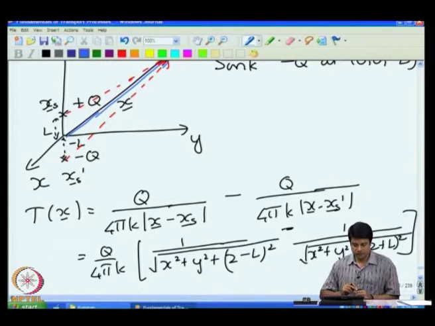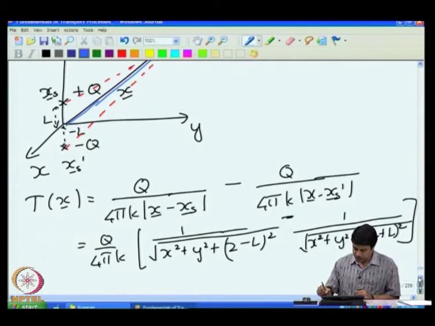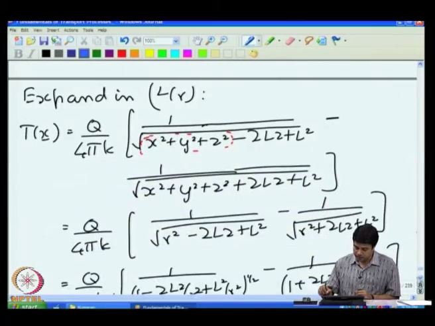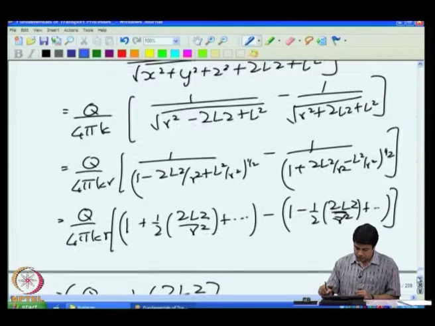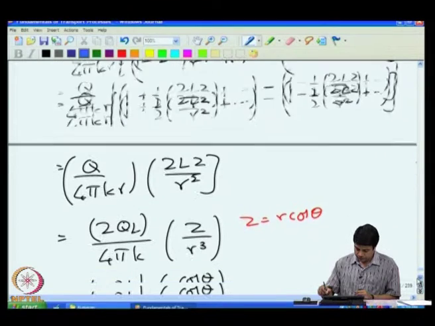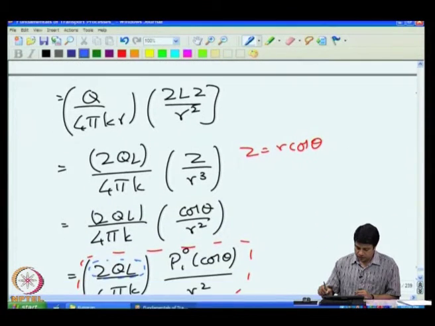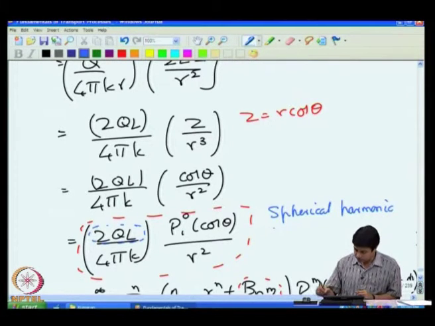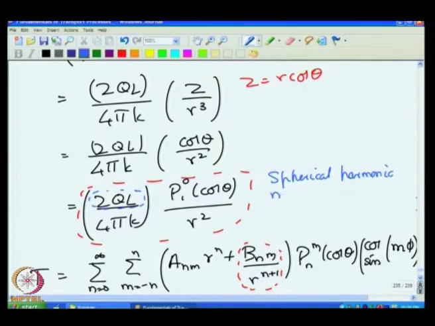If I go sufficiently far away that the distance r is large compared to L, the leading order solution that I get by expanding in the small parameter L by r is identical to the spherical harmonic solution for n equal to 1 and m equal to 0.